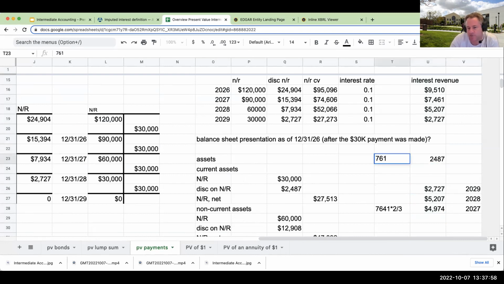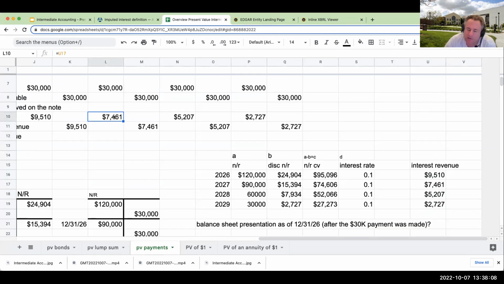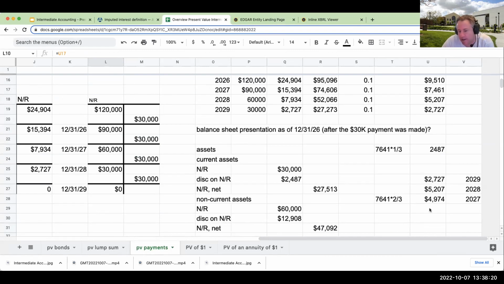This is 7,461 times 1/3, right? Why am I doing it this way? Because it's 30,000 of this amount, basically relating to 90,000 of the debt. And because only 1/3 of that debt is going to be due in the coming year, that's where we're getting that number from. Okay.